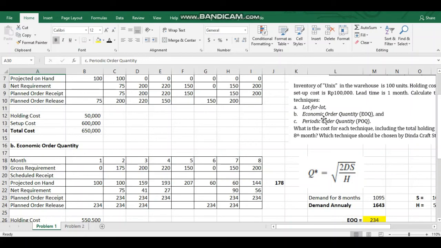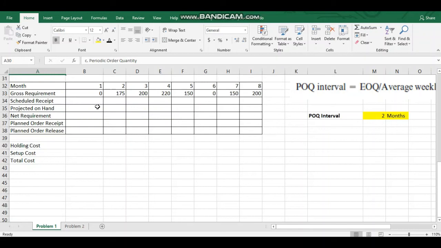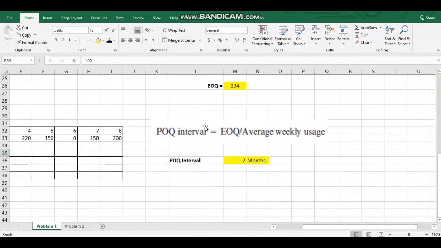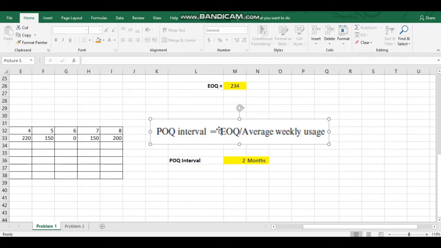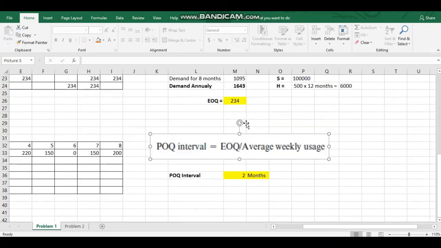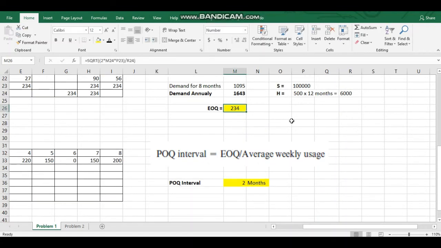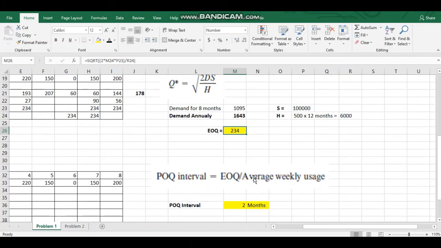So before we fill in this table, we have to find the interval first. To find the periodic order quantity interval, you divide the EOQ by the average weekly usage. For the EOQ, we already found it here, and you have to divide it by the average weekly usage.